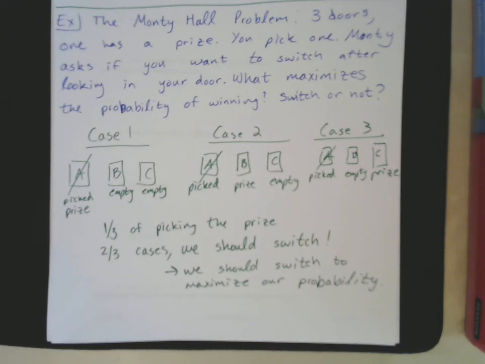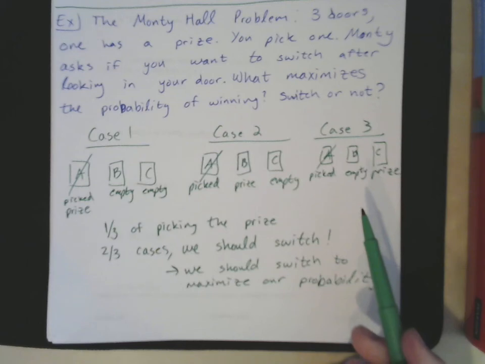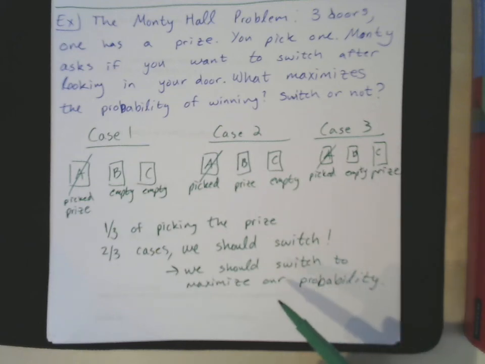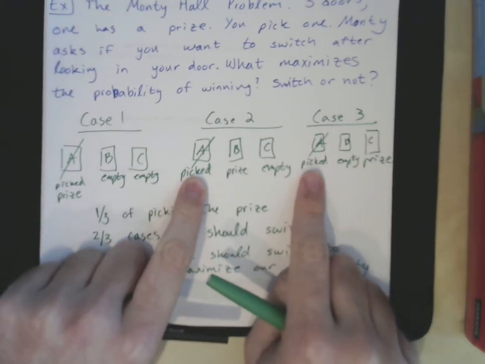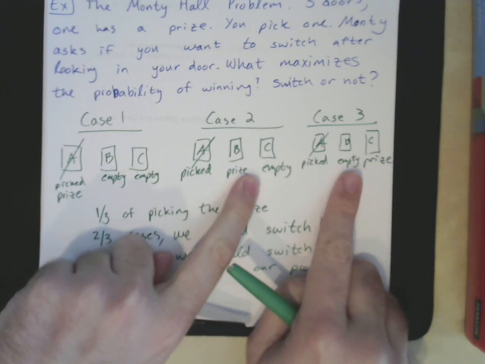So we're not saying that we're going to win if we switch, but we have a better probability of winning because in these 2 cases, 2 out of the 3 cases, we've already picked wrong, and then we have a 50-50 shot of picking the right one.